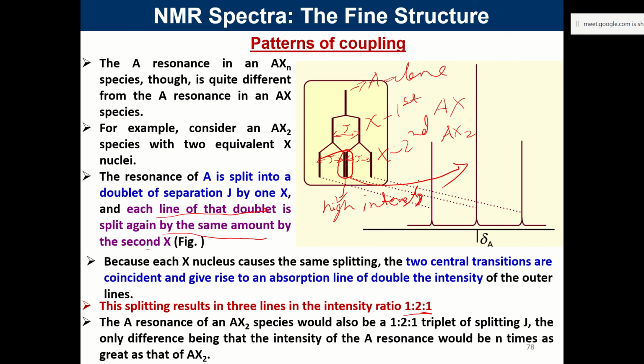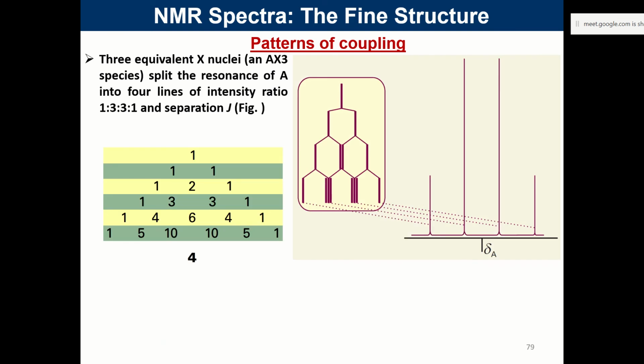You can extend this pattern and you will get what is called Pascal's triangle. Look at this picture, very nicely drawn; if you maintain the scale, the separation between the lines will be exactly like this. 1:2:1, 1:3:3:1. This is how it will look if you are not drawing the lines.